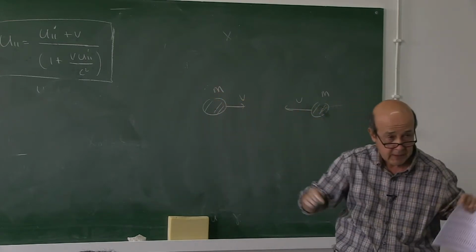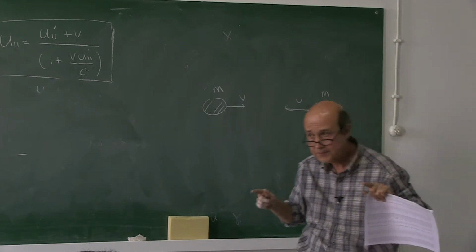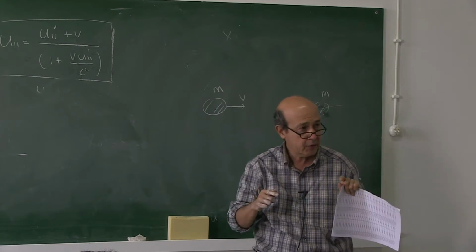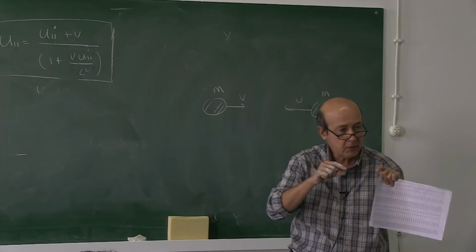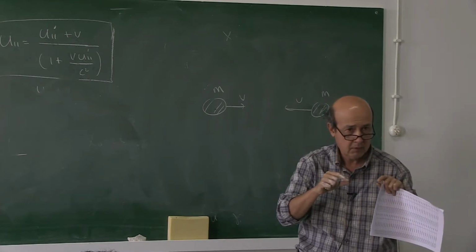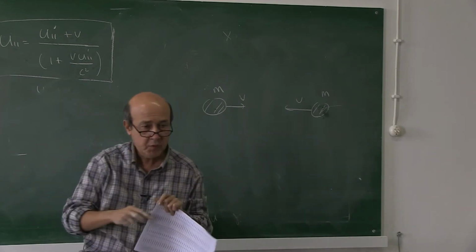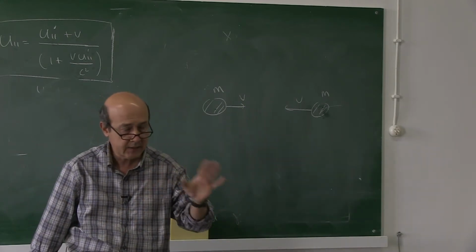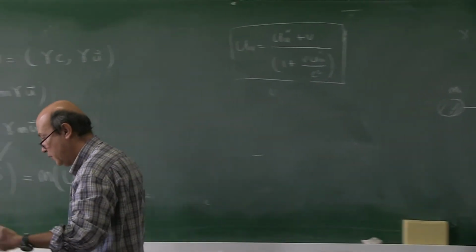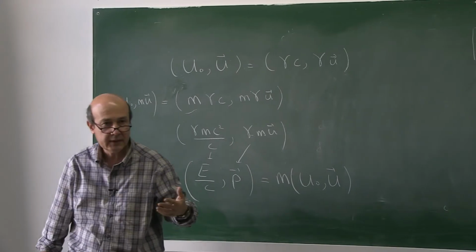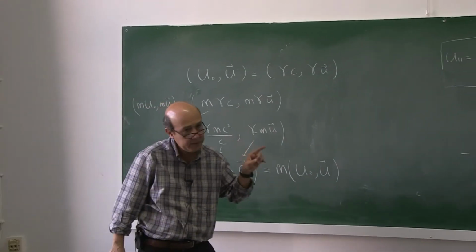The other thing: since they are highly relativistic, the perpendicular component of the velocity after the collision will be almost 0. If you go this way, you will see that the mass is related to the velocity, with the mass being gamma times m. So that will be the homework.